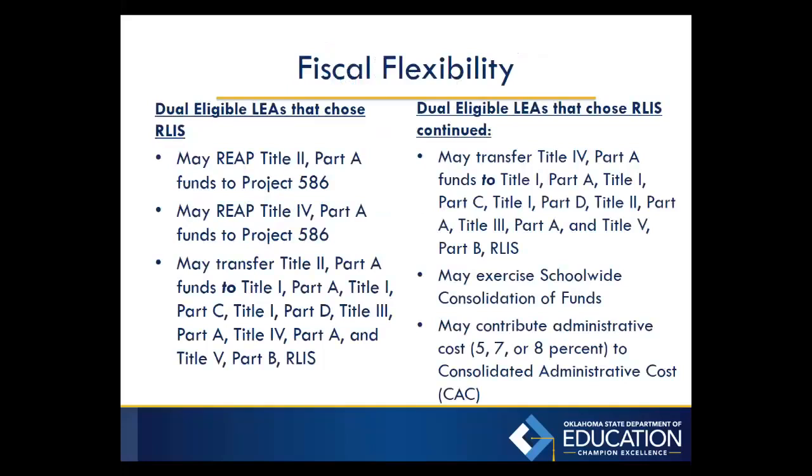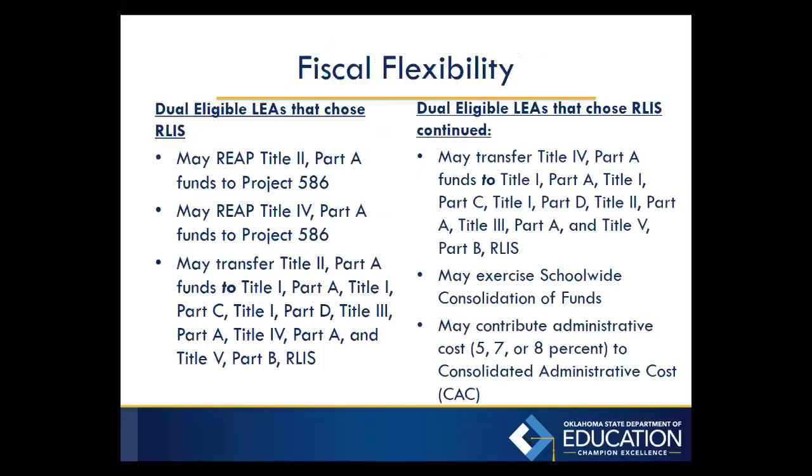In addition to having program flexibility, there is also fiscal flexibility for RLIS LEAs. If you are dual eligible and you chose RLIS, you may REAP your Title II, Part A funds into Project 586. You may REAP your Title IV funds into Project 586.